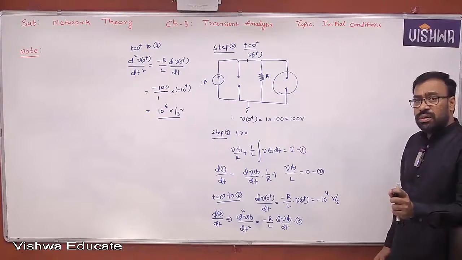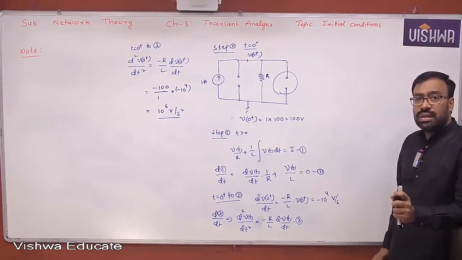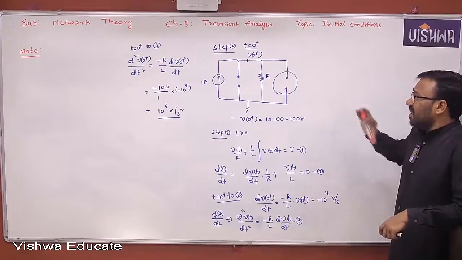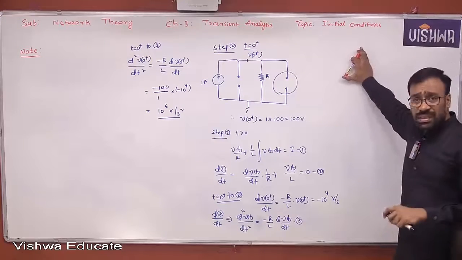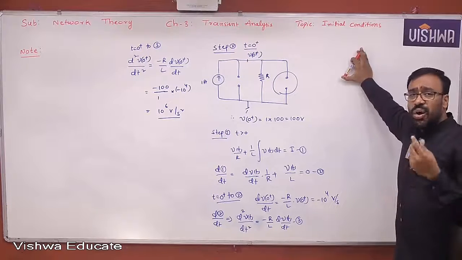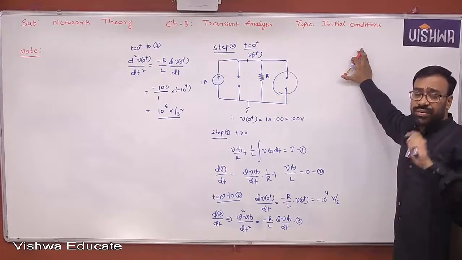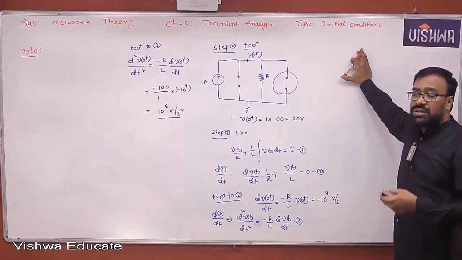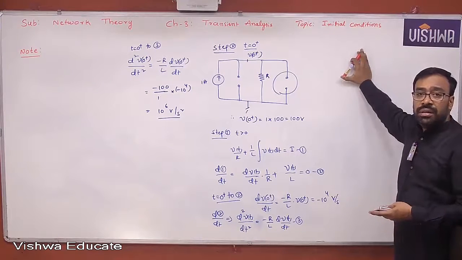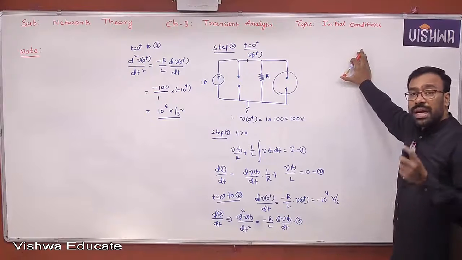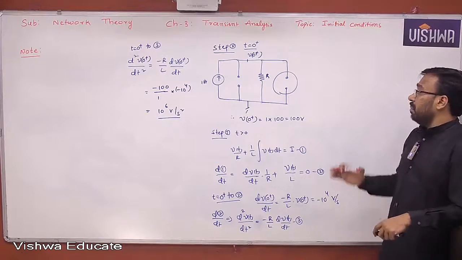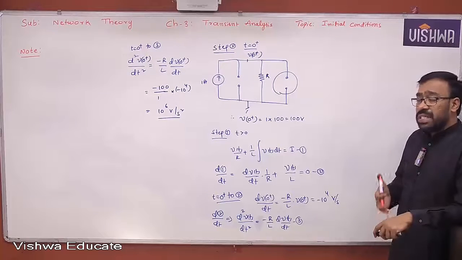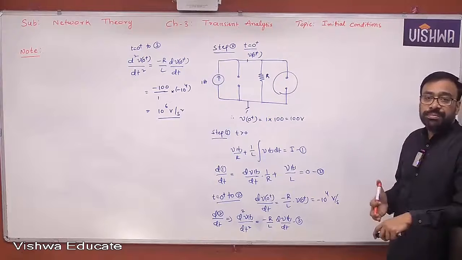So all of you, just look here for a moment. I would like to explain some important observations. See, in the exam, usually you get either a non-derivative term or a first order derivative term. You take any competitive exam, whether it is GATE or IES or any government undertaking company, the written test part when they conduct, you always get either a non-derivative term I of 0 plus, or else a first order derivative term dI of 0 plus by dt.